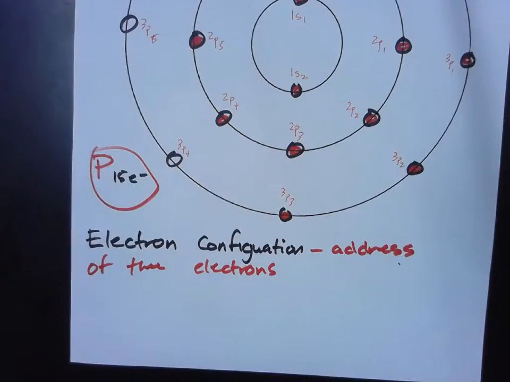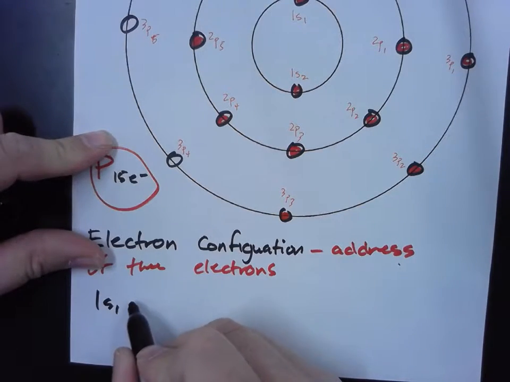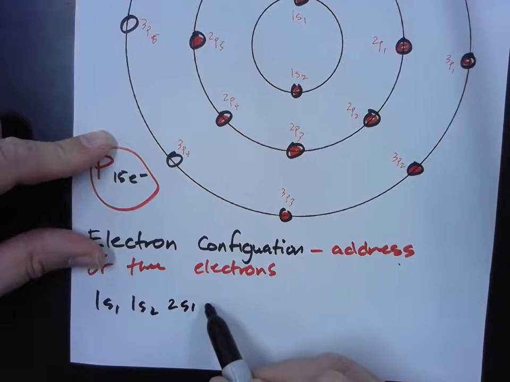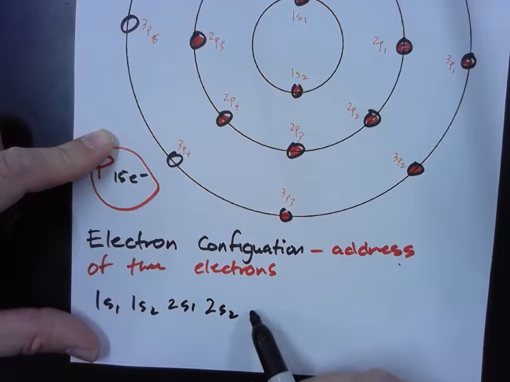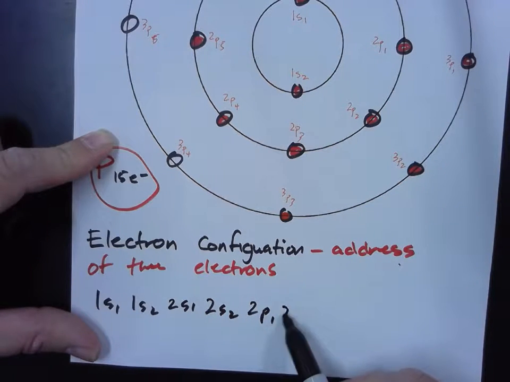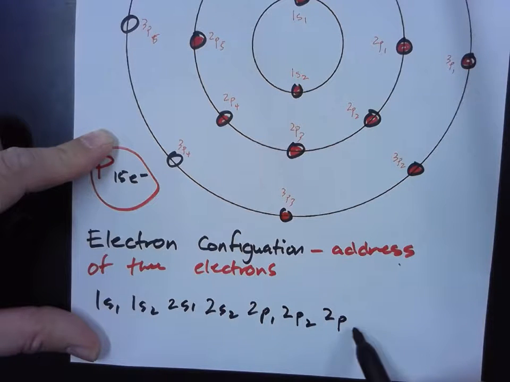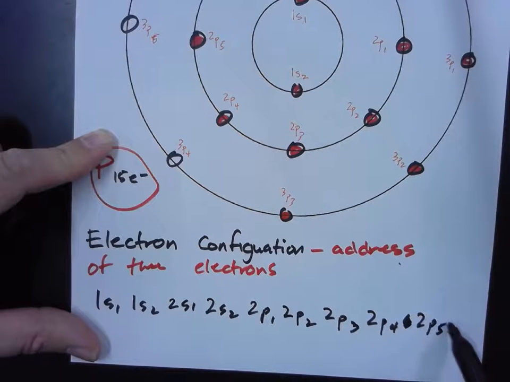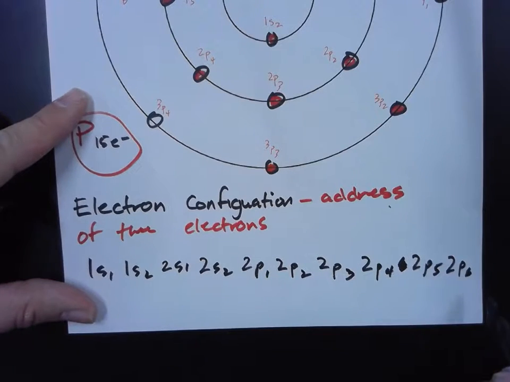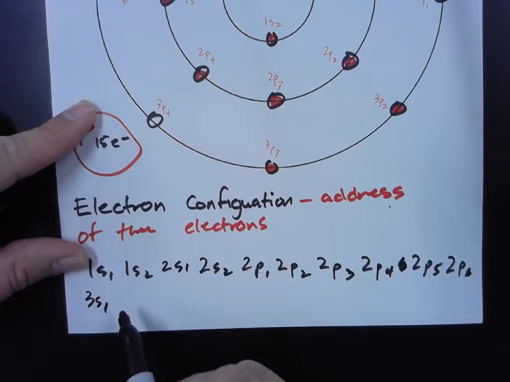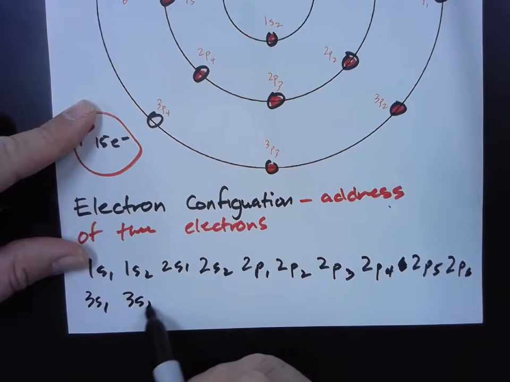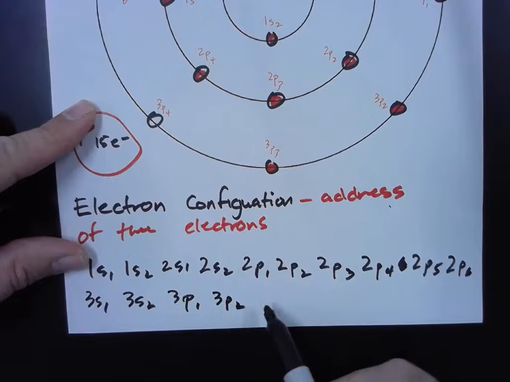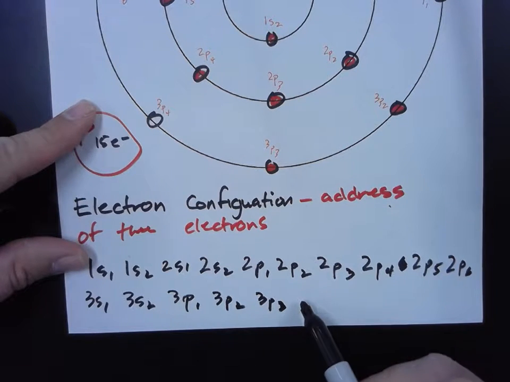We just write it out like this. 1s1, 1s2, 2s1, 2s2, 2p1, 2p2, 2p3, 2p4, 2p5, oops, 2p5, 2p6, and then keep going. 3s1, 3s2, 3p1, 3p2, 3p3. That's it, 3p3.